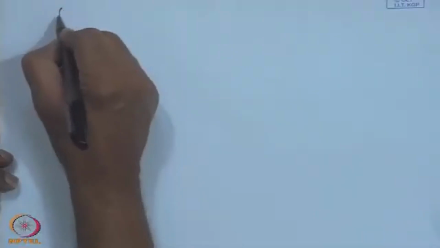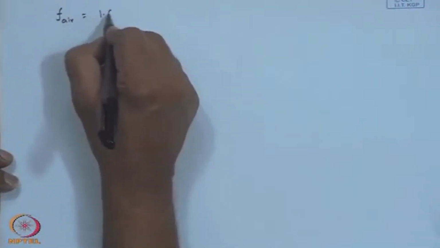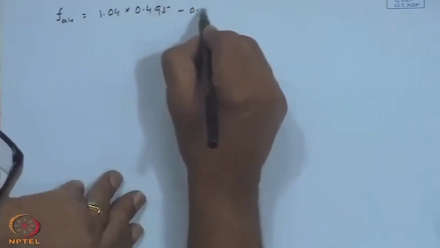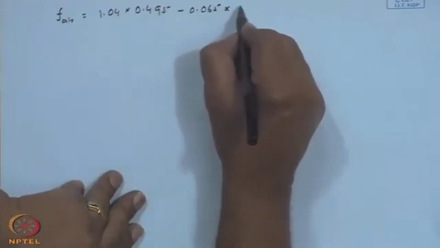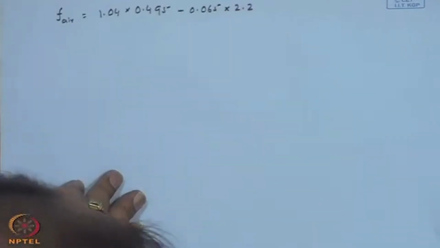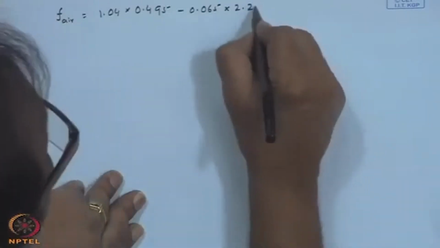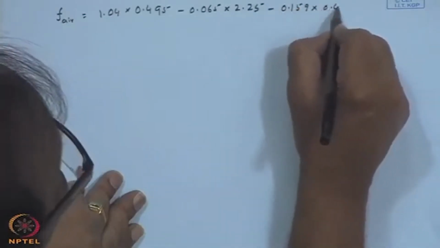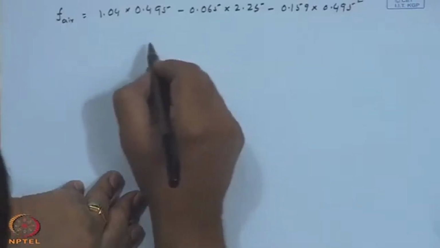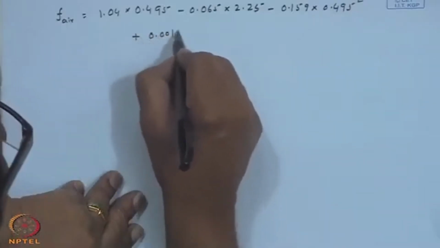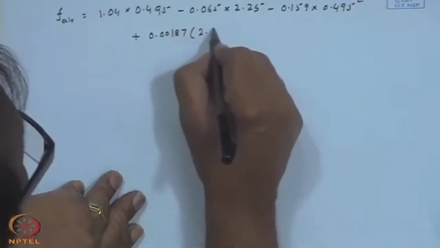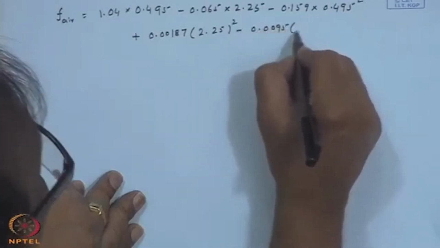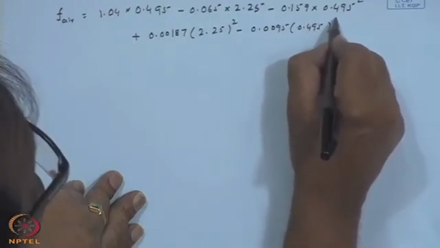So, F is air again: 1.04 into Y, which remains the same, 0.495, minus 0.065 times X, which is 2.25, correct, 2.25, minus 0.159 into 0.495 square, plus 0.00187 times 2.25 whole squared, minus 0.0095 times 0.495 whole cube.